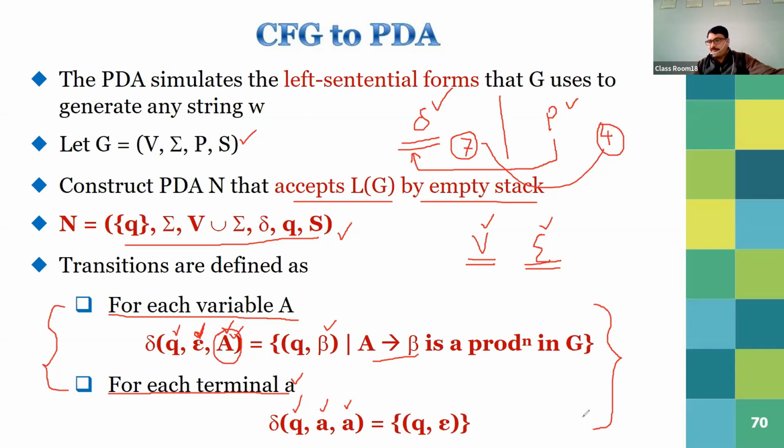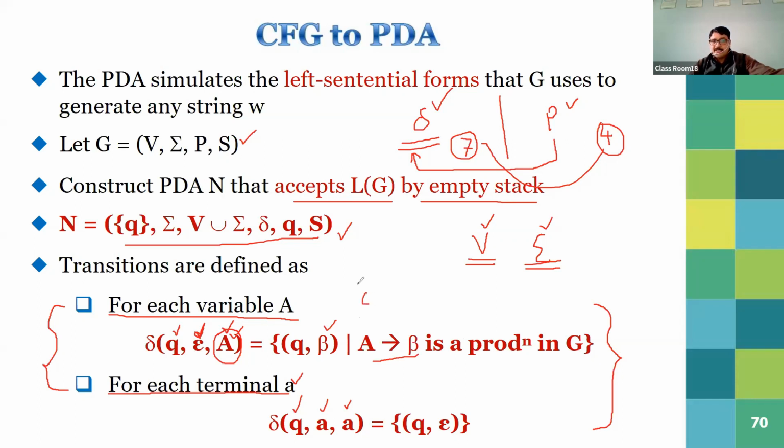At the time of variables, you have to follow this thing, right? Here you will use Q, null, and here is A. A is what? A is the variable. The same rule is applied to all the variables. For example, suppose in any grammar there are 5 variables. Then you must write this similar kind of production rule, or transition function, for all 5 variables.